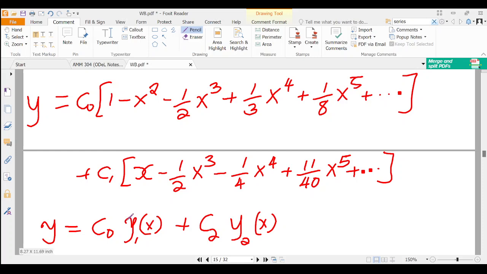Where y1 is this series, y2 is this series here. So the general solution is of this form, where C0 and C1 are arbitrary constants of integration.